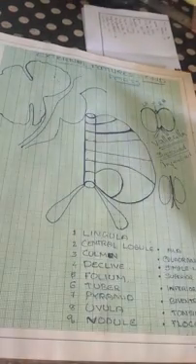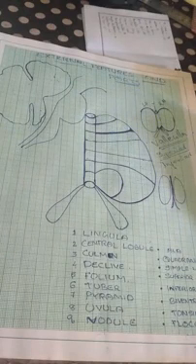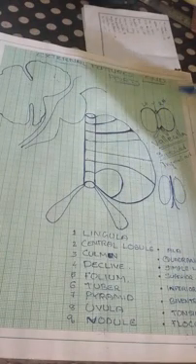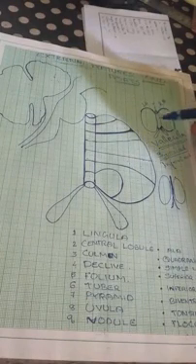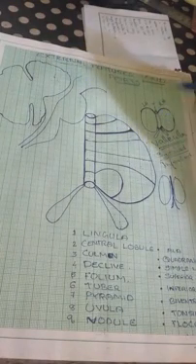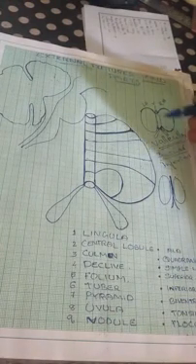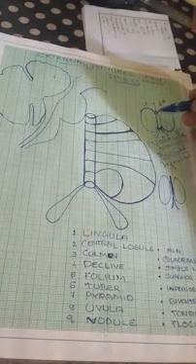Then we are going to learn about the external features and parts of the cerebellum. First, the external features. The cerebellum consists of two hemispheres, like the cerebrum. The cerebrum is made up of two hemispheres, and the cerebellum is also made up of two hemispheres.